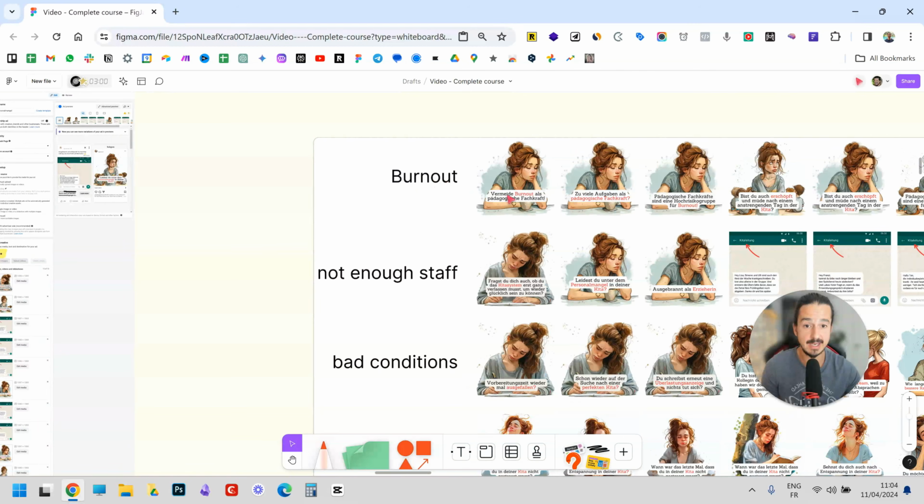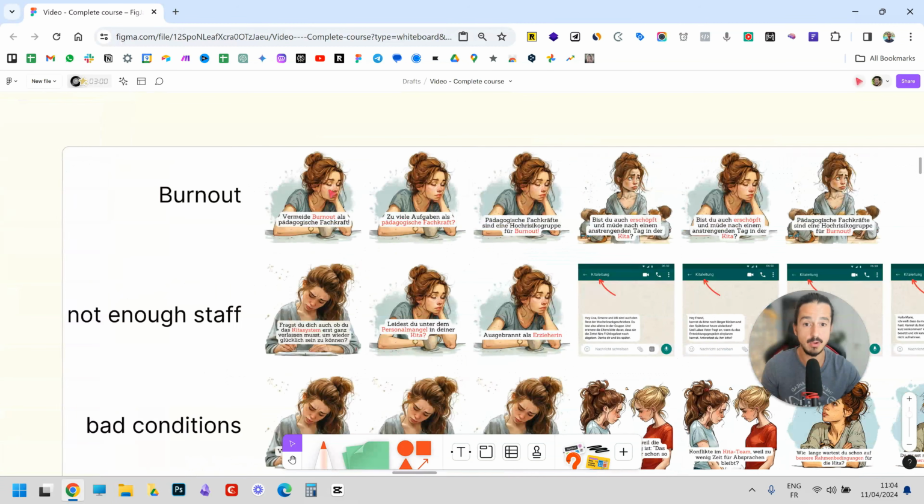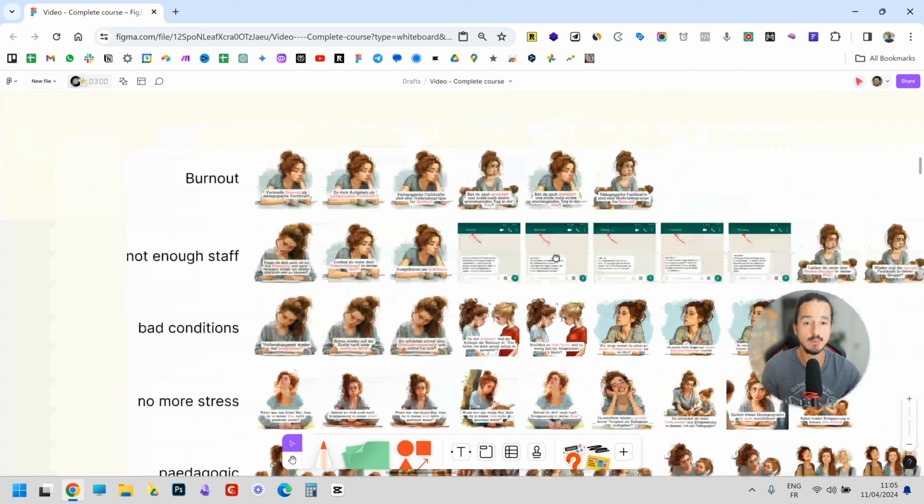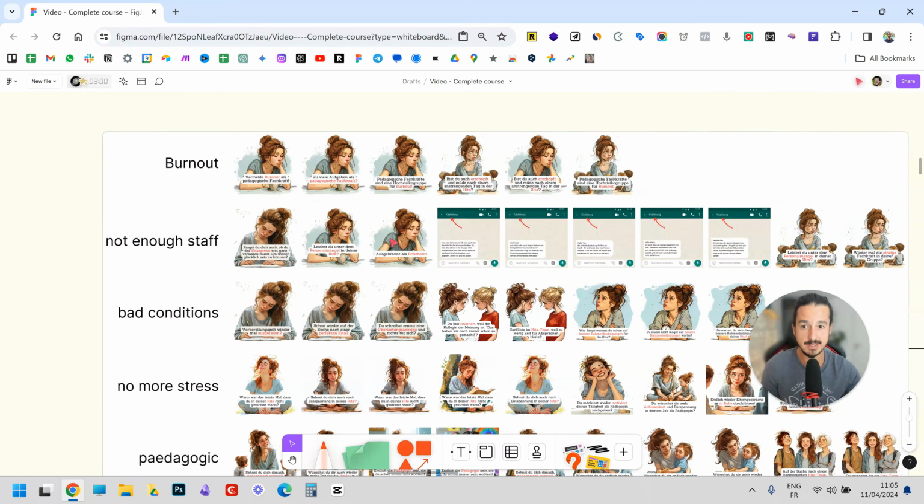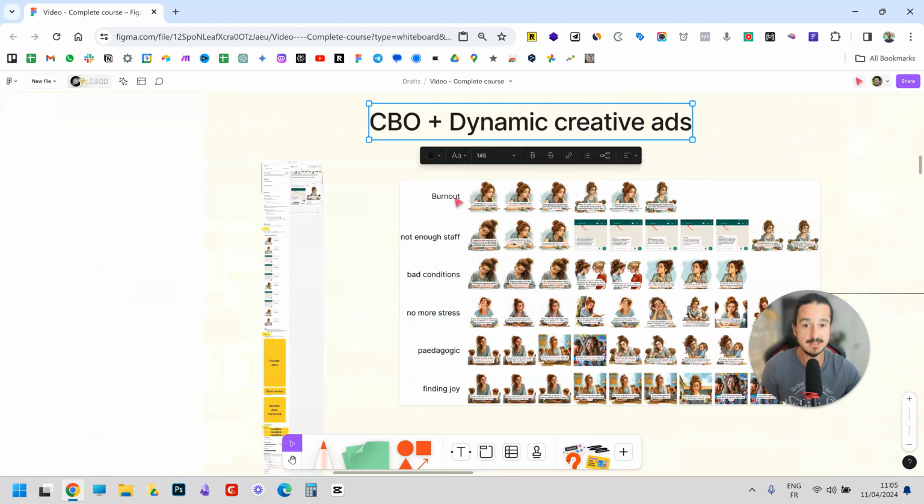And within this angle, we can have one or several pictures with different hooks. What is really, really important is that one ad set is one angle. It doesn't matter how many pictures you try, how many hooks, but we want to know where Facebook is spending the money.